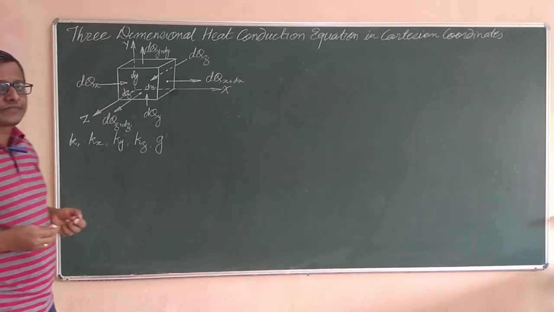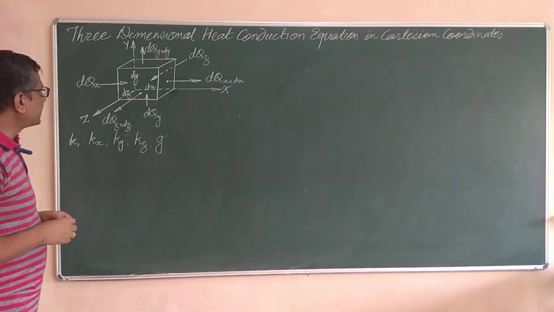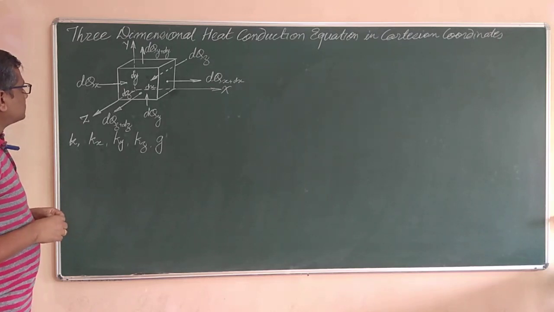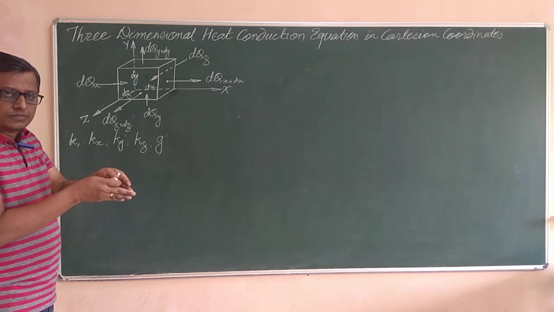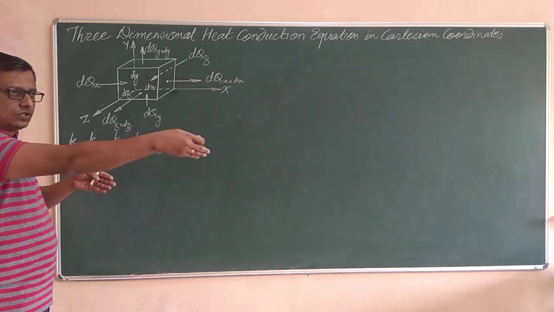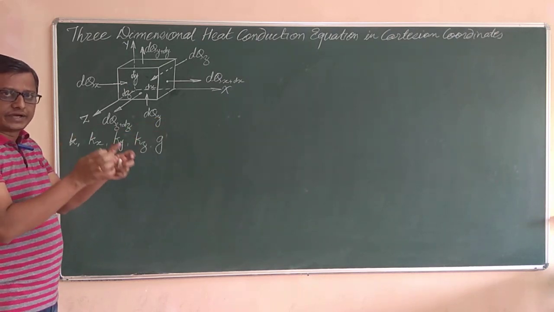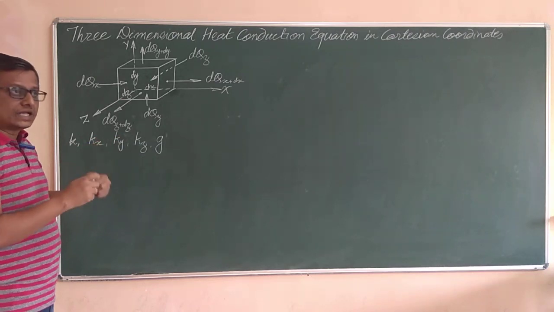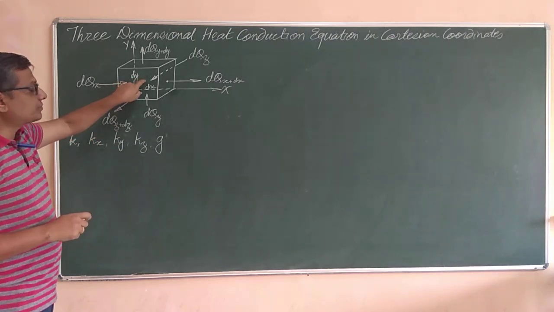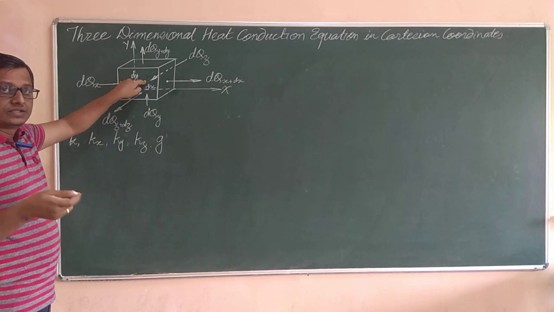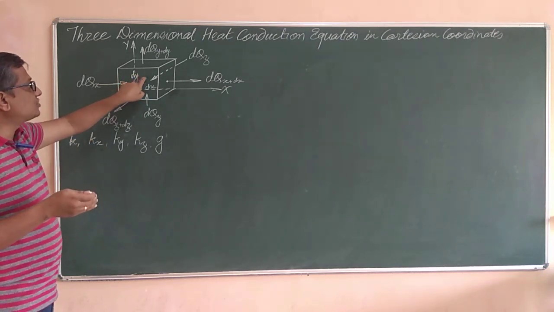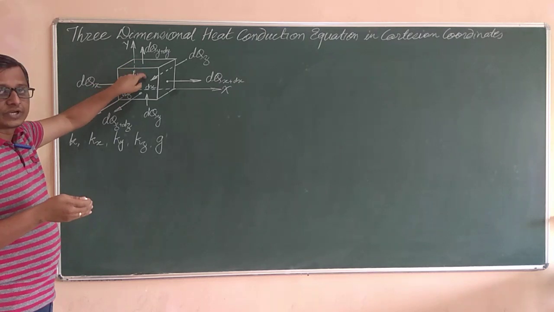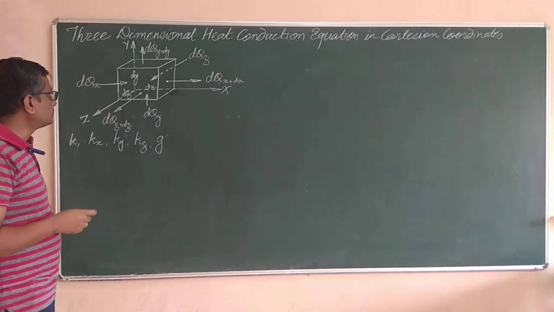Now if I follow the law of conservation of energy, what I will get is the total heat going in minus total heat going out will be the net heat accumulated inside it, plus if there exists any internal heat generation G, then that has to be added, and that has to be equal to the rate of change of energy of this particular element, and that I would like to write down.